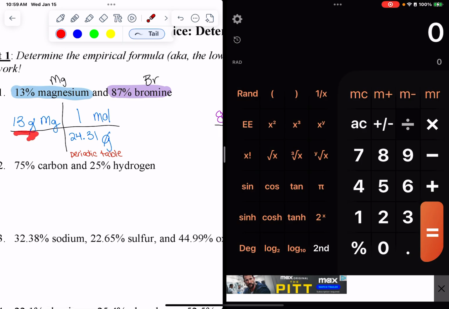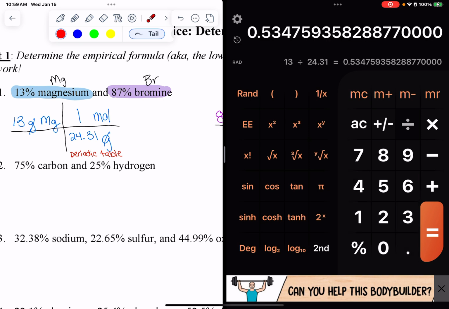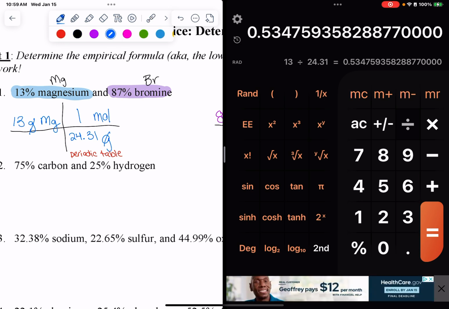13 grams divided by 24.31. I get this long decimal, but I only want to round it to 2 decimal points. So let's keep it at 0.53 moles of magnesium.